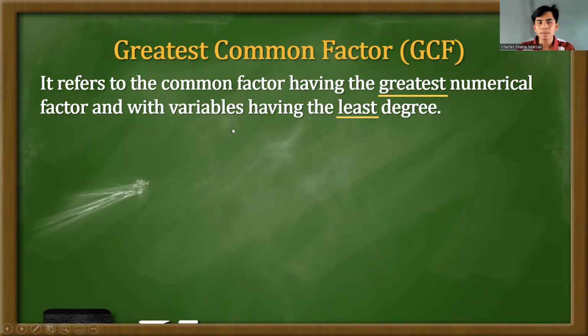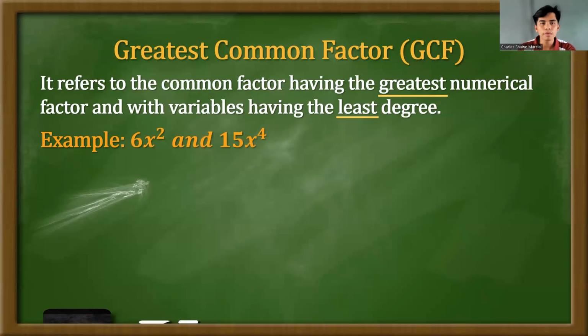And kapag sa variables naman, ang kukunin natin is yung may least degree or exponent. Okay? So again, pag kukunin natin yung GCF ng isang polynomial, kailangan yung greatest numerical factor, and kapag sa variable, yung least degree or exponent. So let's have an example here.